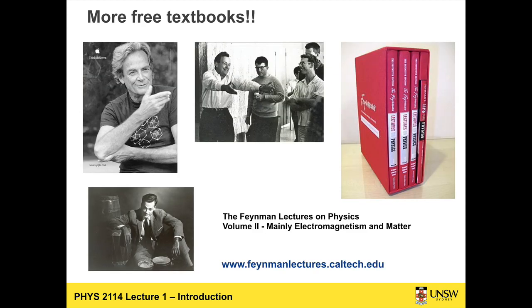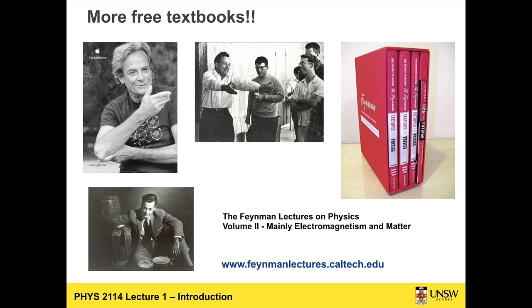Well, there's even more textbooks available online, and if you go to this website here, www.feynmanlectures.caltech.edu, you'll find online versions of the Feynman lectures. It's a 3-volume set here. They're very, very good supplementary material for a lot of physics courses that you might take, starting with classical mechanics, which is mostly volume 1.